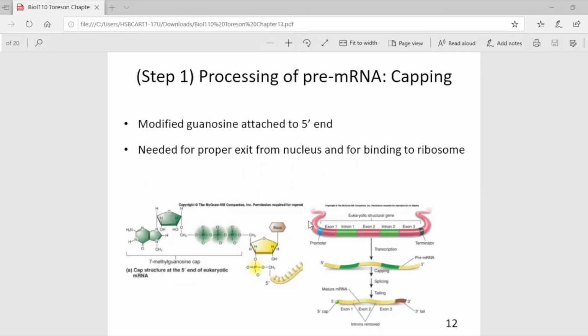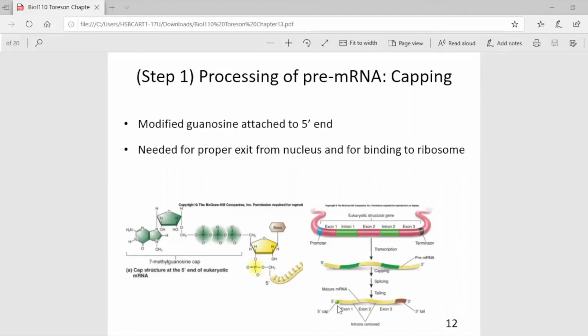Up top is a picture of a portion of a chromosome, and we're looking at just one gene on this long chromosome. So here in the middle, we see the initial RNA transcript, or the immature RNA, or some people call it pre-RNA. And again, capping, splicing, and tailing must occur to create the mature RNA molecule.